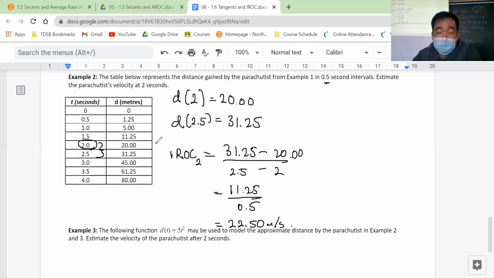So again, I think this is a bit more accurate. The rate of change at 2 seconds is approximated to be 22.5 meters per second.